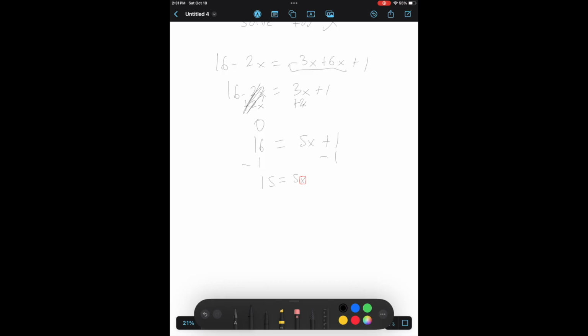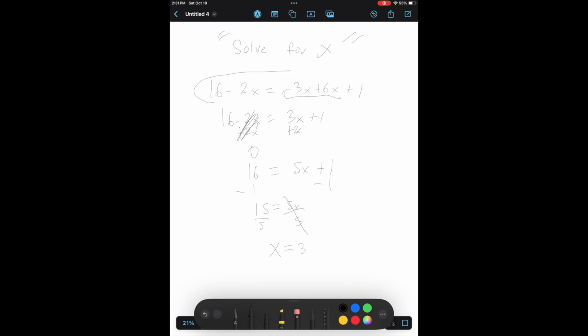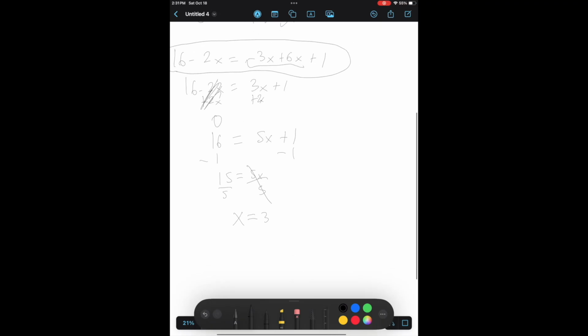So if I want to find x, all I have to do is divide by 5. And then this cancels, obviously, and 15 divided by 5 is 3. So the number that makes this equation true is 3. And we can actually check that.